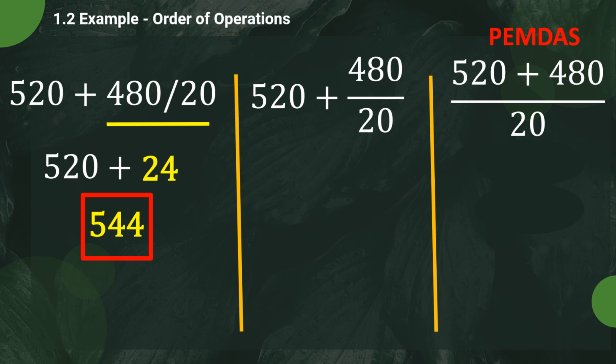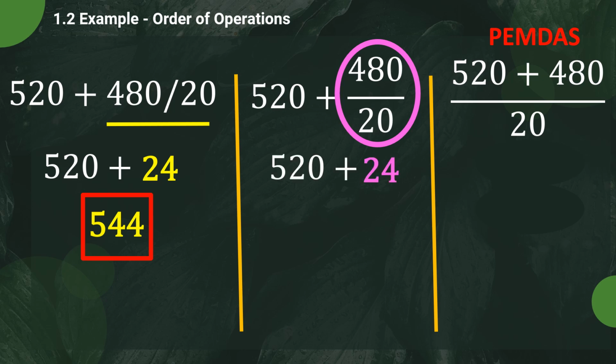Now let's look at the middle problem. In the middle problem, again, no parentheses, no exponent. We do have division here. So this is a division problem. Even though it looks like a fraction, that's 480 divided by 20. So I'm going to do that, and it's the same, 24.